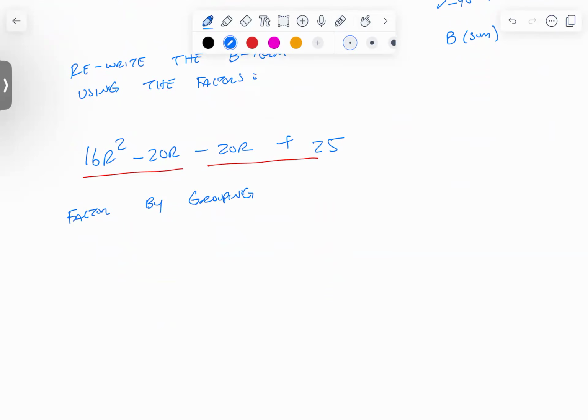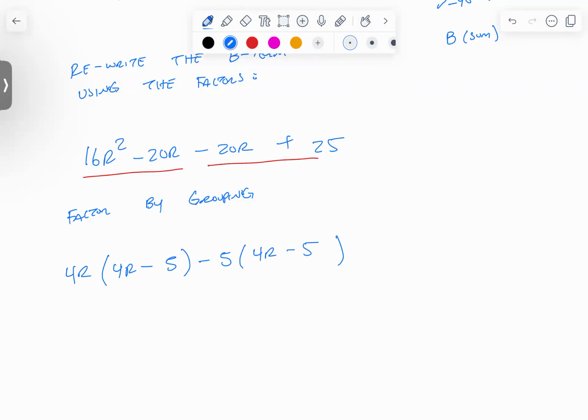So, what can I pull out of the first 2 terms? 4r. You're exactly correct. What can I pull out of the second 2 terms? 5. Almost. Negative 5. Super important because we need the signs to match. When I pull negative 5 out, that leaves 4r minus 5.